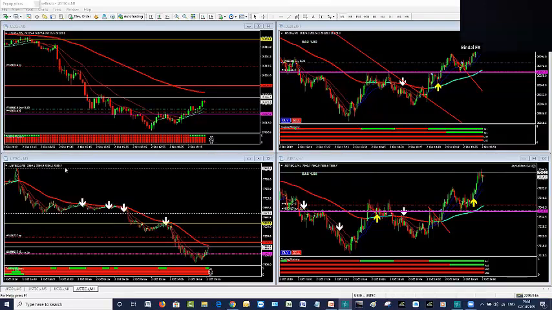Okay, right now I've got USTEC just coming up to the red trigger. Obviously, I'm going to let my US30 run. I'm just going to close my USTEC. That's 25 pips banked, but I'm letting my US30 run.